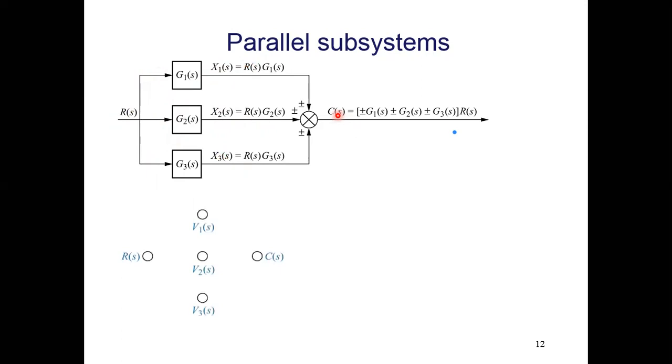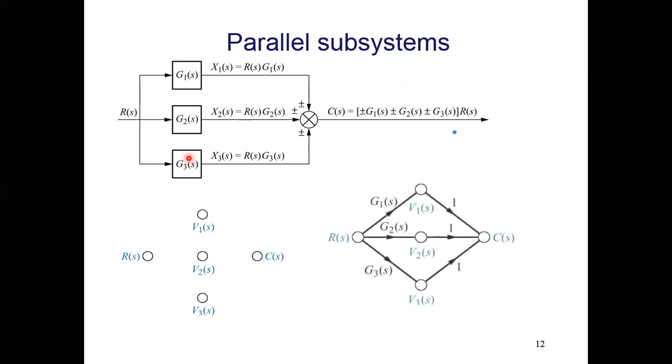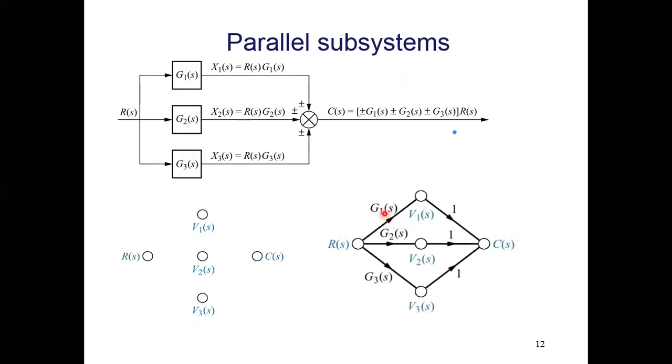How many subsystems do we have? We have 3 subsystems. So we will have 3 branches with subsystems G1, G2, and G3.